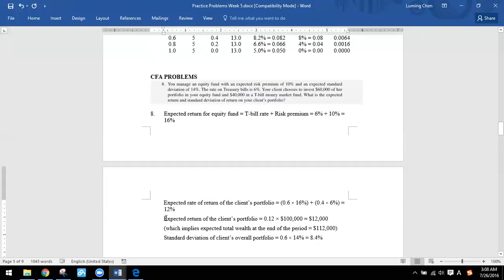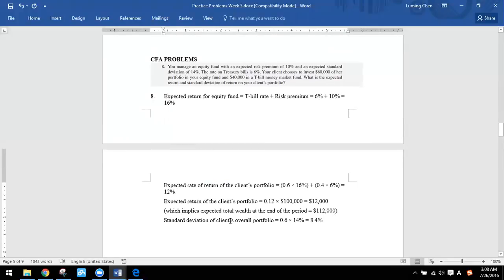If we transfer it into dollar amount, it's $12,000 and implies the total wealth at the end of the period is $112,000. And standard deviation, only your equity fund has a standard deviation. Treasury bill has no standard deviation. So it's the percentage times the standard deviation of the equity fund, which is 8.4%.